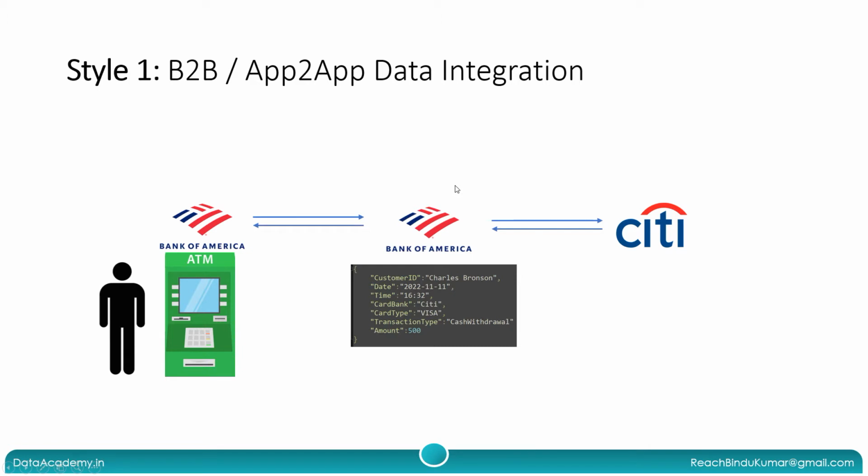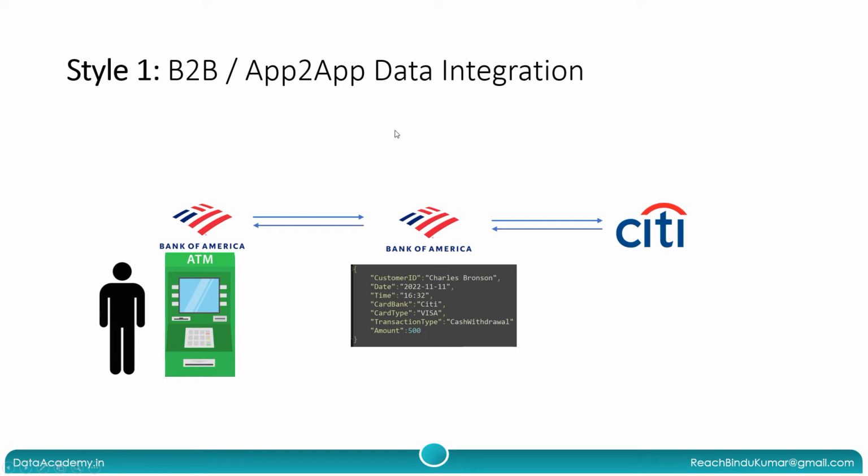The message is first received by the Bank of America servers, which then transfer it to the Bank of America ATM, and finally the cash is dispersed. So there is a lot of information exchanged between these different servers. Now here, if you see, there is information exchange between two different businesses. In this case, it is Bank of America and Citibank.